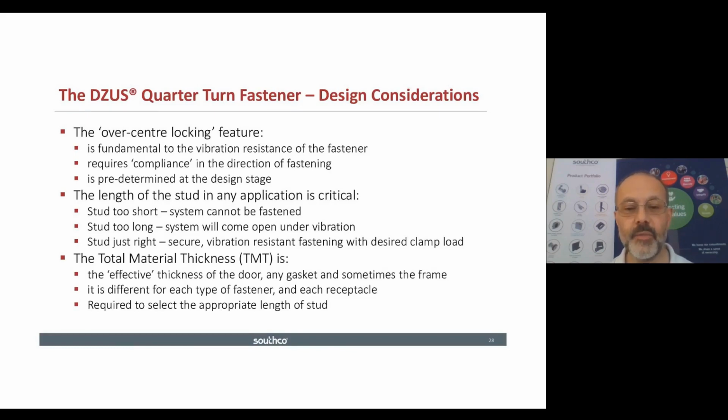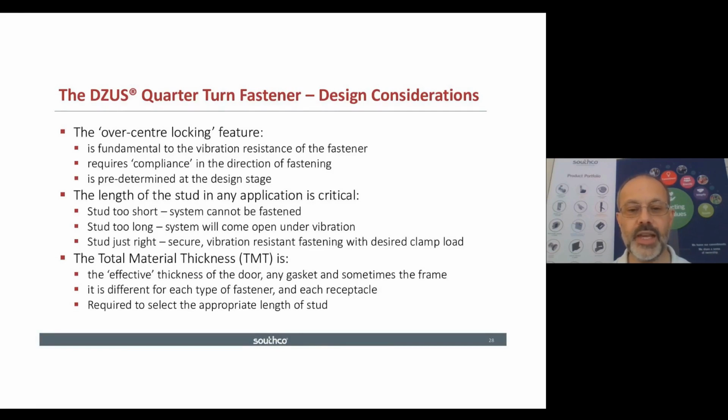And TMT, so I mentioned that a couple of slides ago. The TMT is the total material thickness of the door, any gasket, the frame thickness, and any retainers. So it's a combination of anything that comes in between the head of the stud and the fastening surface of the receptacle.